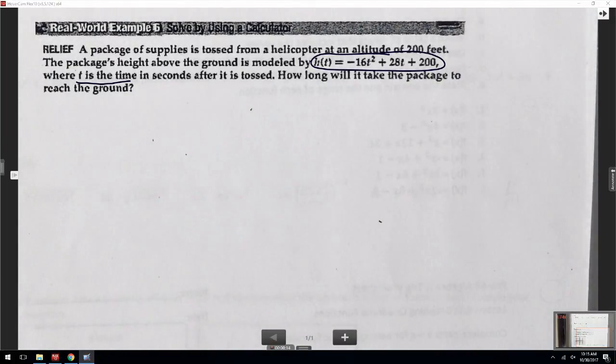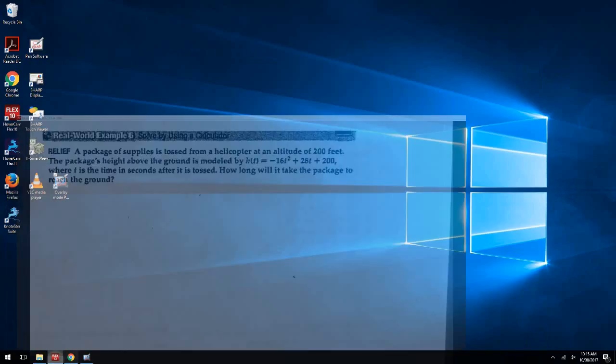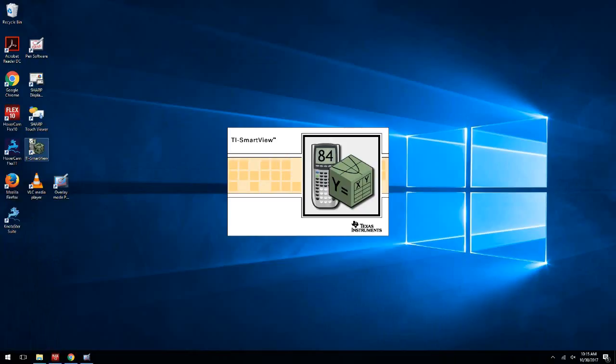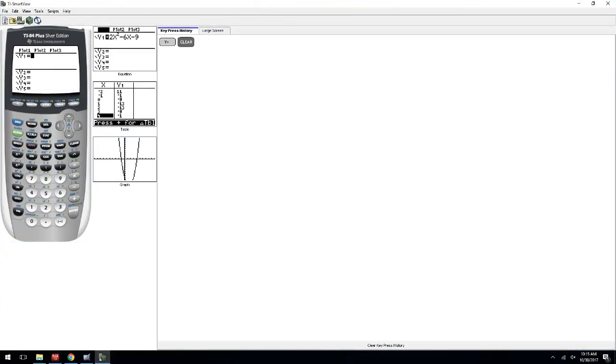All right, so we go to our calculator, which for some reason mine is not there anymore, so hold on a minute. And we go to Y equals. I'm going to clear out anything if there's anything in there, right? And we type in -16. We don't have a T, so we're going to put X squared. And then, what was it?